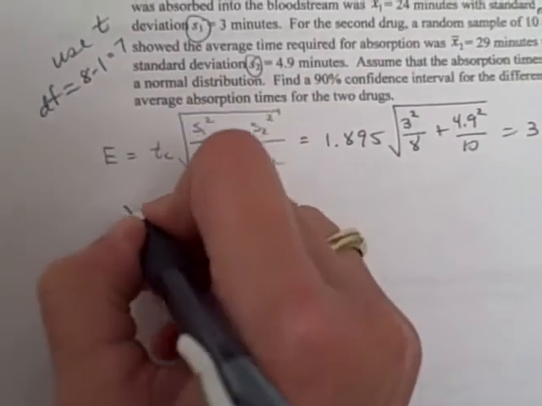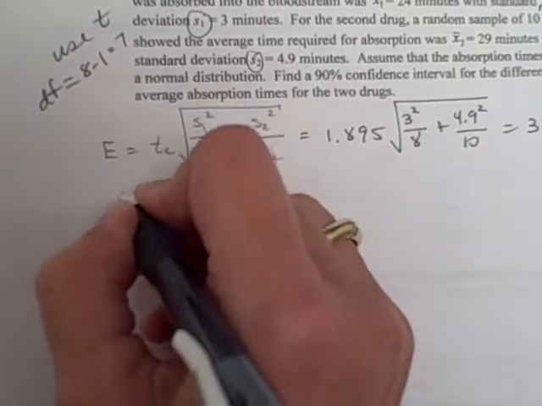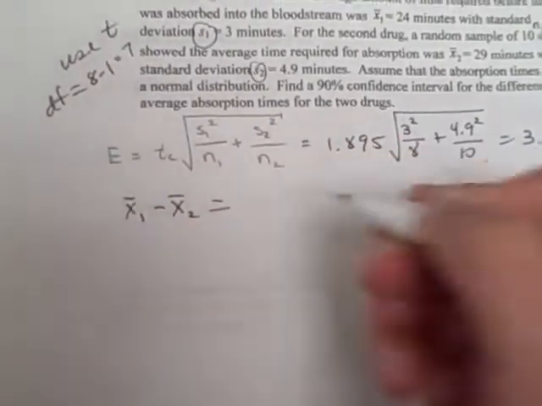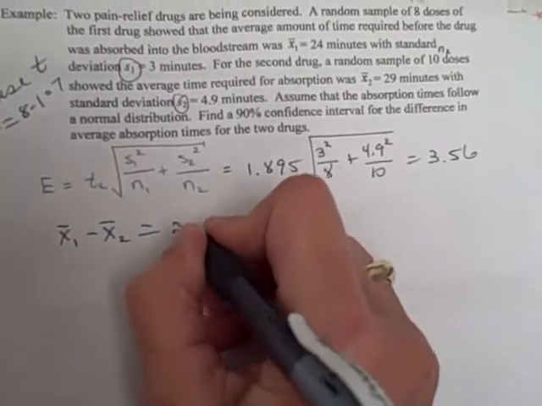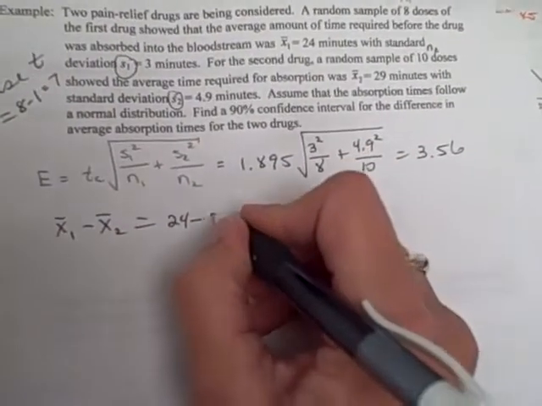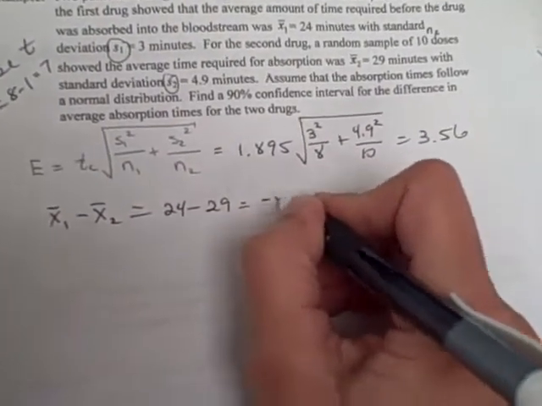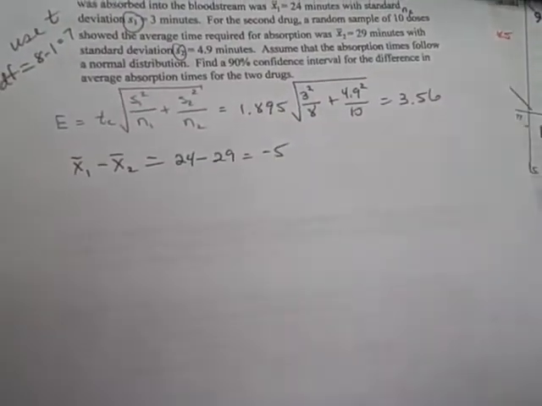Now we also need that x bar 1 minus x bar 2. So look it up in the problem. X bar 1 is 24. X bar 2 is 29. So we get a negative 5. Okay.